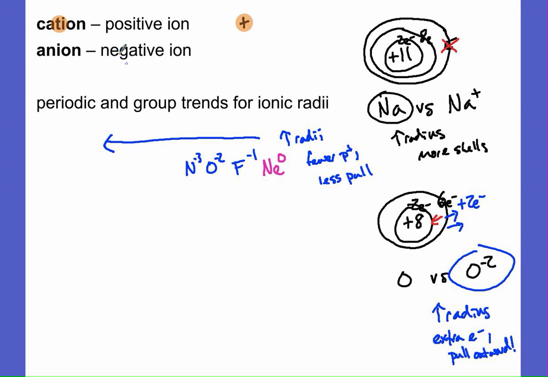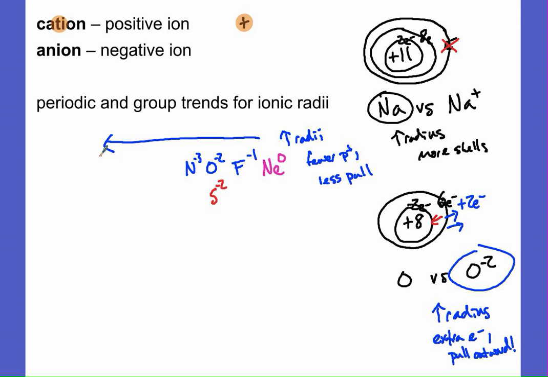Just like before. Whereas up and down, top to bottom, I might look at things a little bit differently. Because again, oxygen versus sulfur right below it will also end up with a -2 charge. Sulfur is still going to be bigger than oxygen for the same reason as before. This sulfide ion is going to have one more shell than this oxide ion, but they both just have one less shell than they normally do.